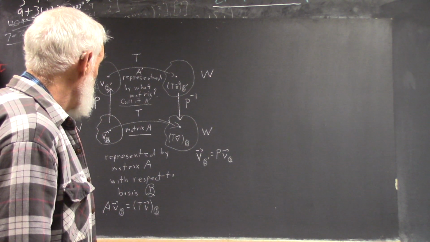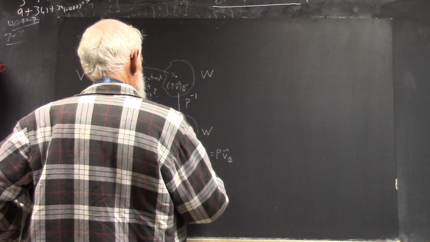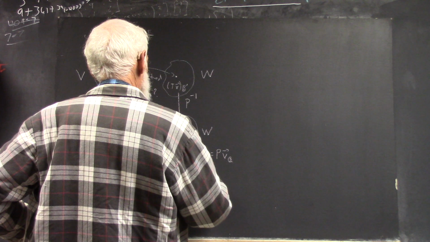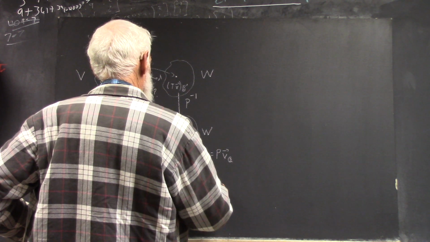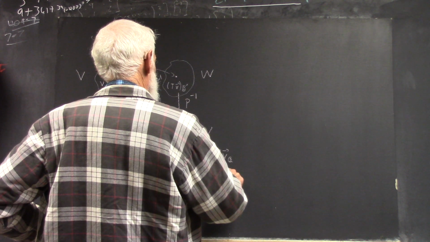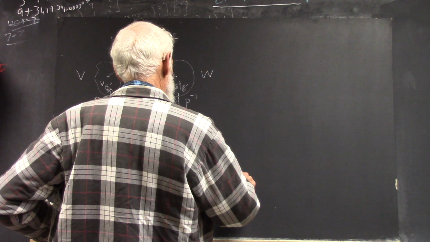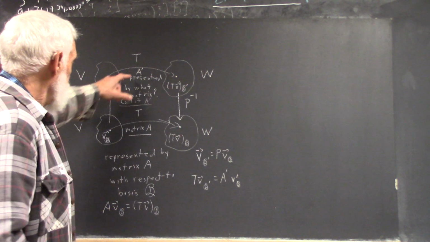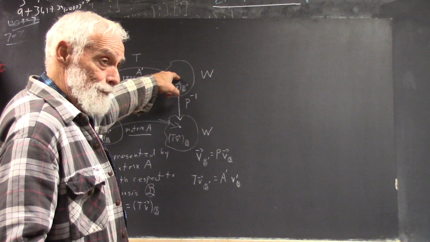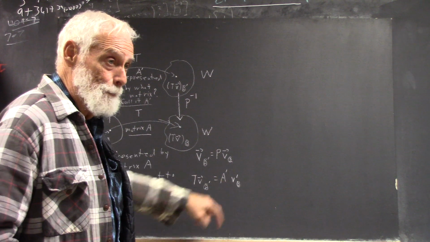And if this matrix is A prime, you can calculate this by just applying the matrix A prime to V_B prime, right?